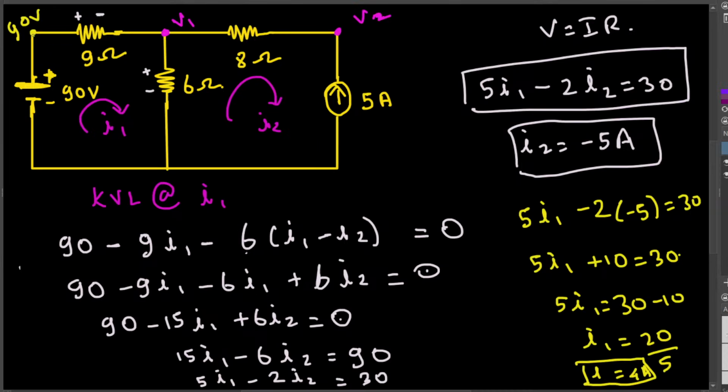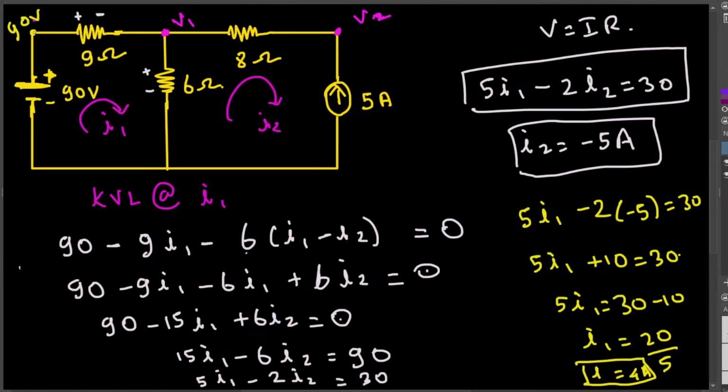you can either use 90 minus V1 over the 9 ohm resistor, or you can use this one, V1 minus 0 over 6.